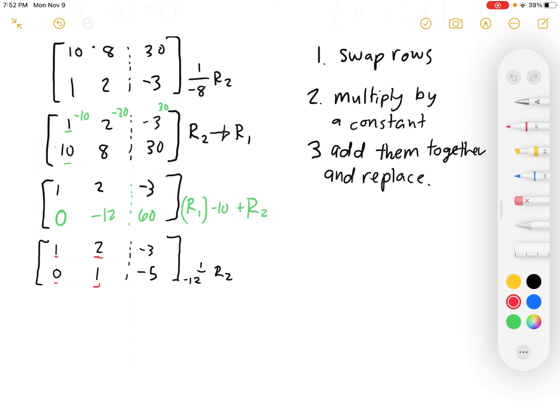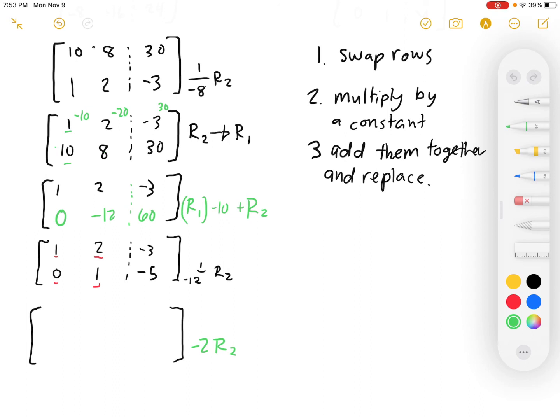So in this case, that would be negative 2. So let's go ahead. Ooh, I'm going to switch that back. Let's just erase that. Go back to black. I'm going to multiply R2 by negative 2.